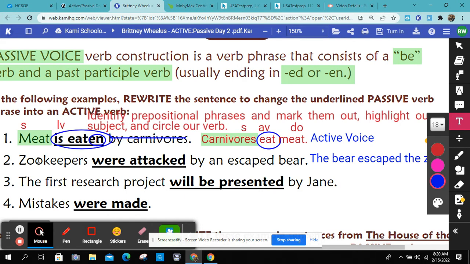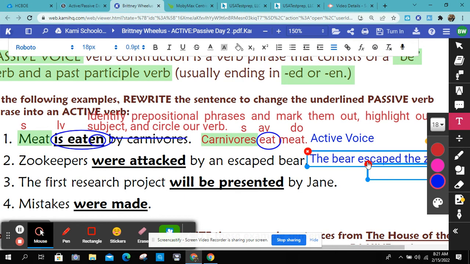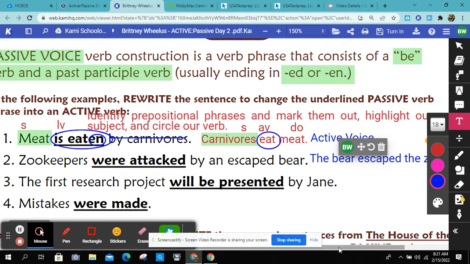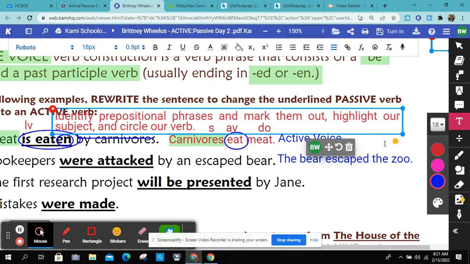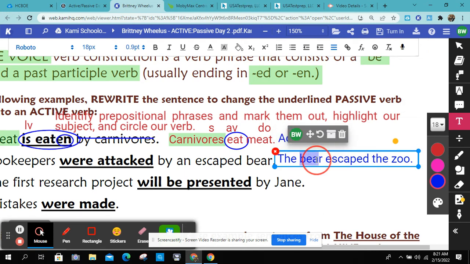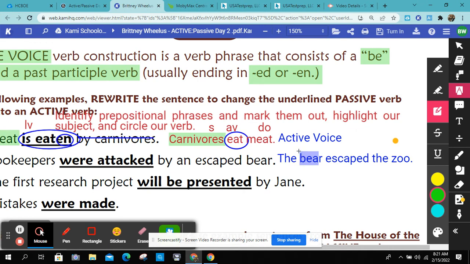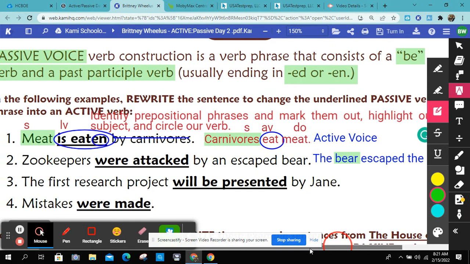All right, so this first part of this sentence is passive. When I rewrote my sentence, I made it active. That would mean that my subject here is bear. But in the passive sentence, my subject is zookeepers.